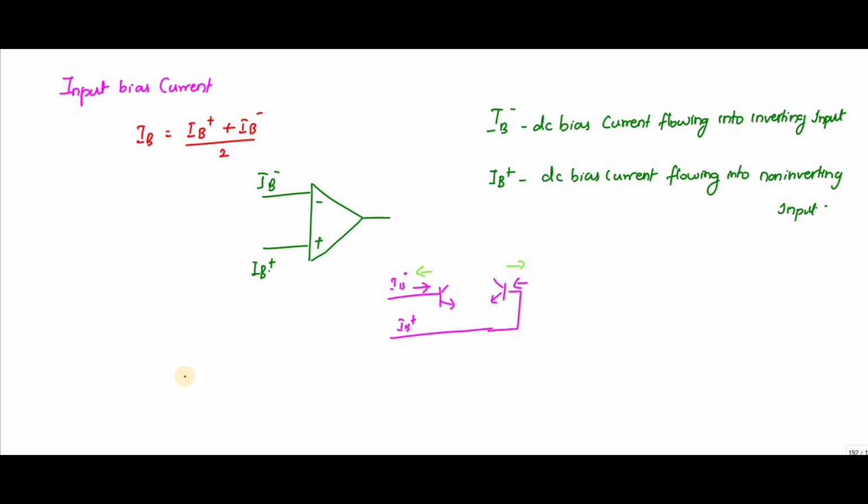So it is defined as the average of the two input bias currents.